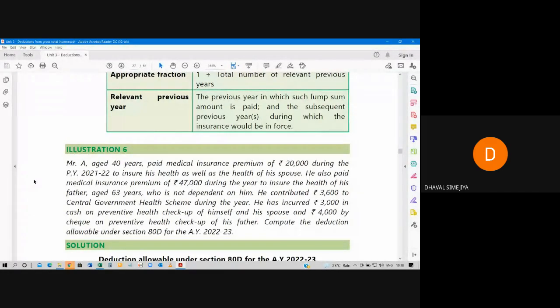So do one thing, take a screenshot of illustration 6 and try to solve this. Otherwise, we will solve this question in the next lecture. Okay? Log into my session and take the screenshot.